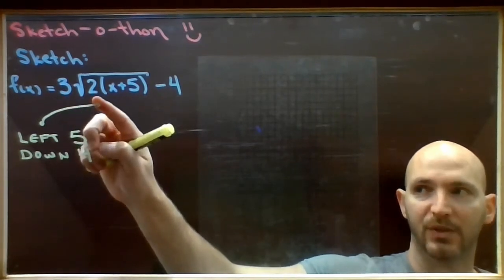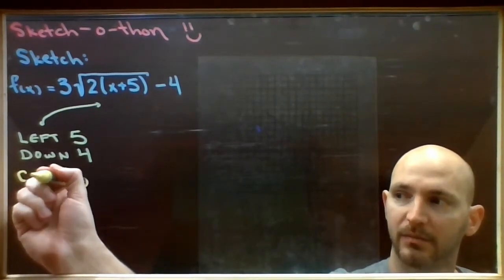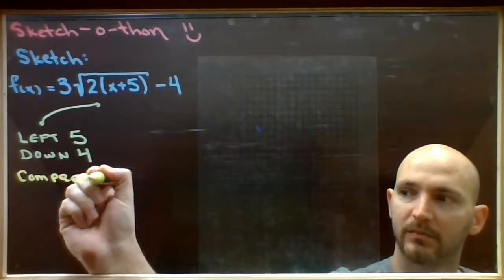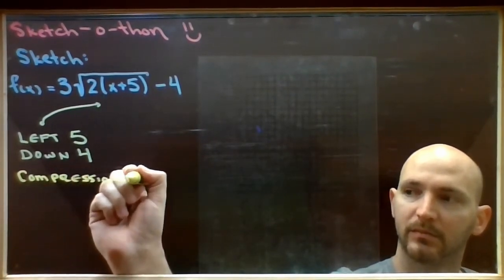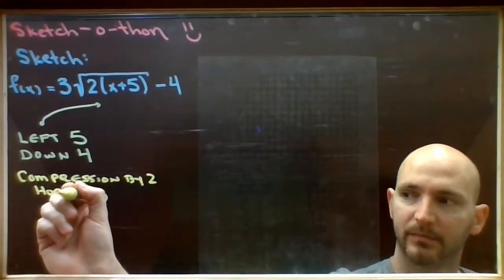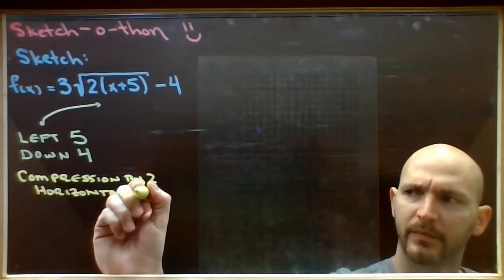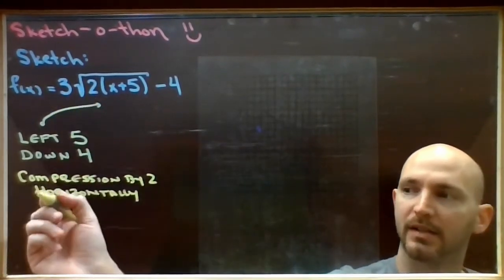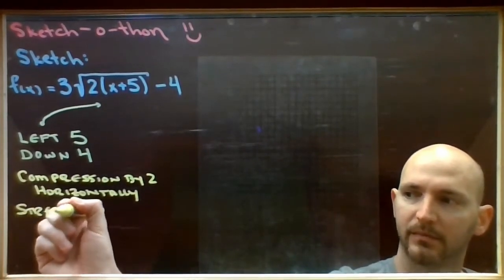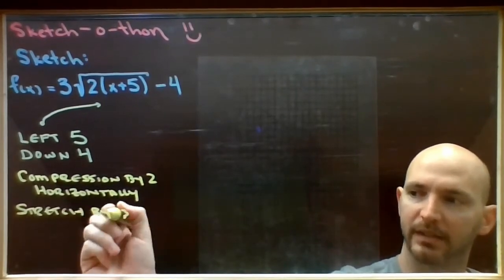A factor of 2 inside the operator is a compression by a factor of 2 horizontally. And the 3 in front is a stretch by a factor of 3 vertically.